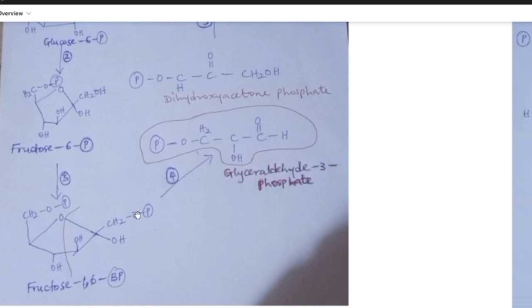Again, the phosphoryl group is attached at carbon 1 of the fructose 1,6-bisphosphate.